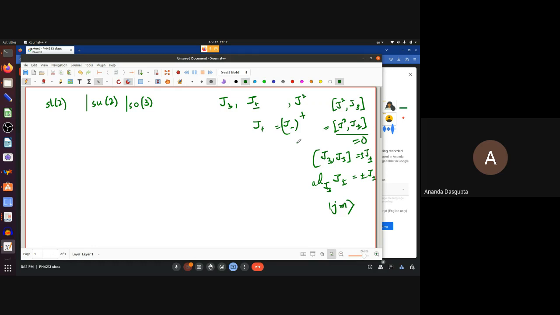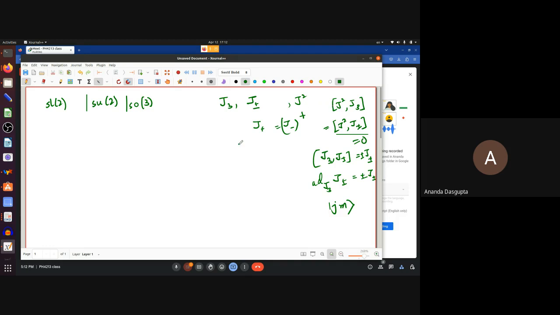Why? Because Hermiticity is something which we deal specifically with when we are dealing with quantum mechanics. There are applications to these algebras beyond quantum mechanics, where the notion of a Hermitian operator may or may not make sense.